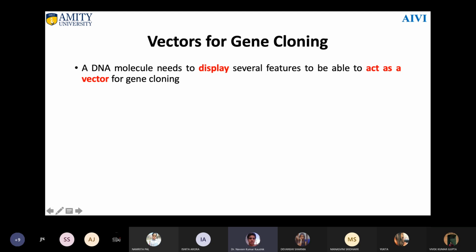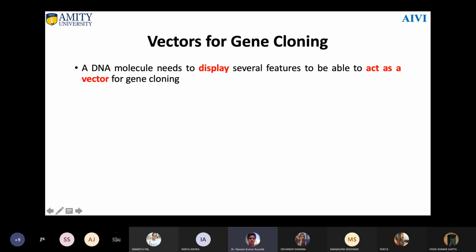When we are using gene cloning or molecular cloning, in which we use a vector to clone, that vector should have certain properties so that it can act as a vector. Like when we call our bicycle a vector, it has space to carry you, and not only the space, it can move also, it can serve as a shuttle. It can take you from one location to another.